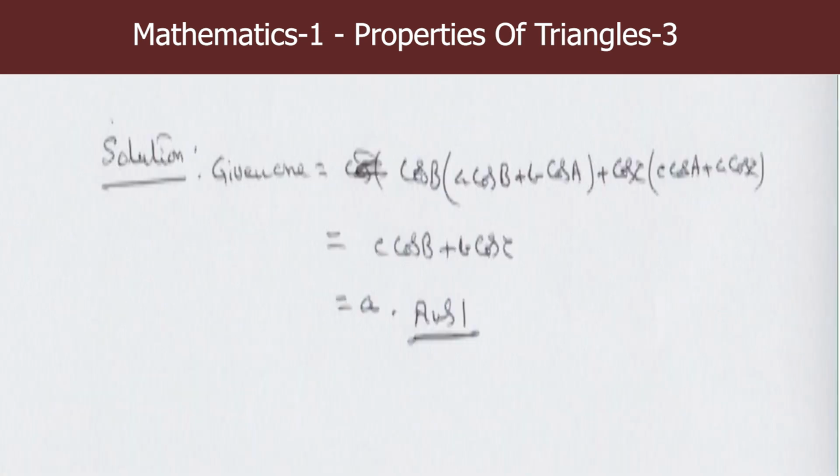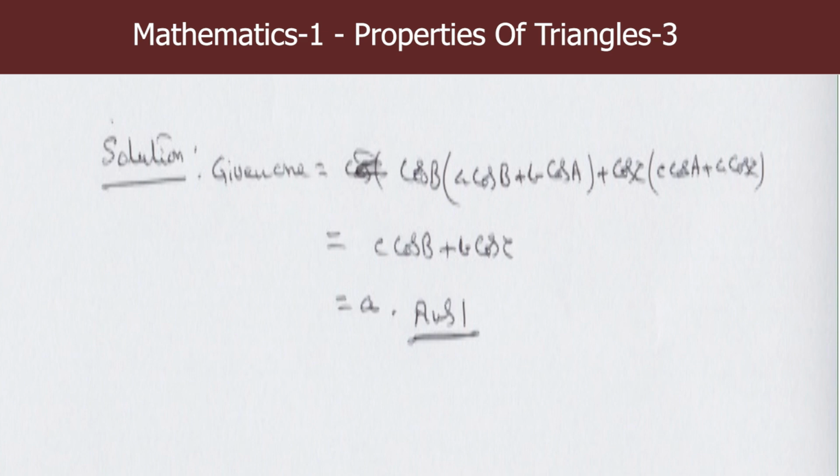So given expression is cos B into (a cos B plus b cos A) plus cos C into (a cos C plus c cos A), which is nothing but c cos B plus b cos C, which is nothing but small a. So the correct option is option number 1.